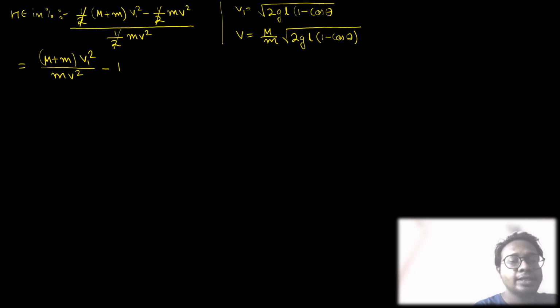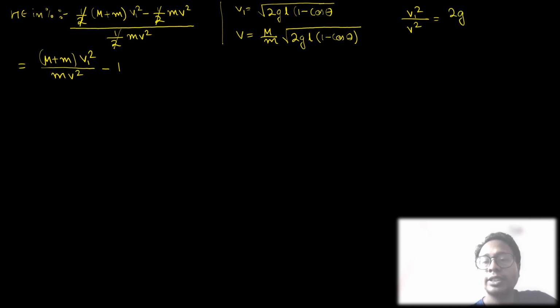Now if I just take v1 by v square, this v1 square by v square is nothing but 2gl(1 minus cos theta) divided by v square.